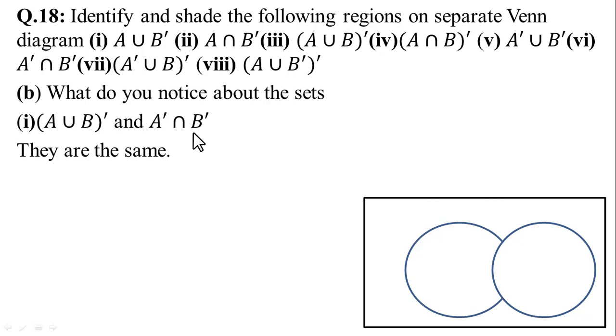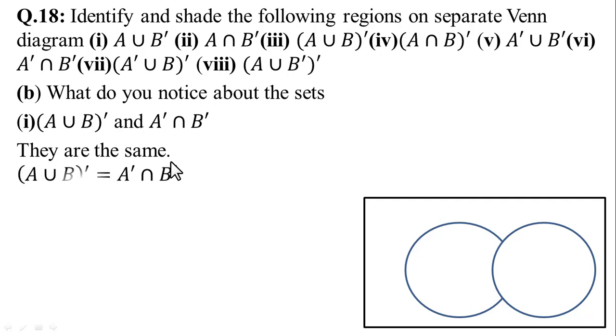In other words, this is the De Morgan first law. What is the De Morgan first law? According to De Morgan's law, A union B whole complement is equal to A complement intersection B complement. So according to the given condition, they are same.